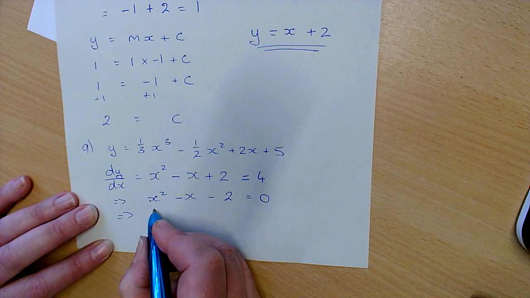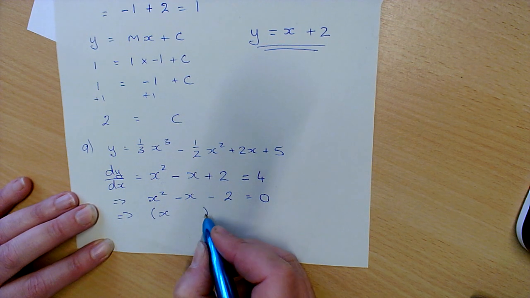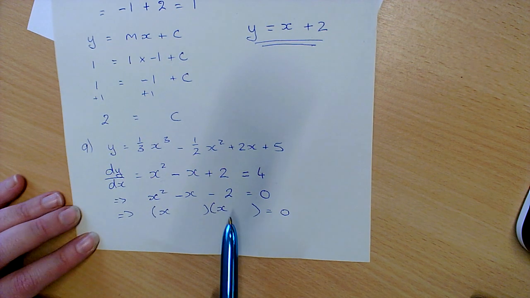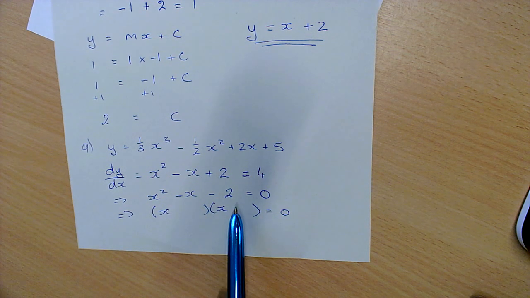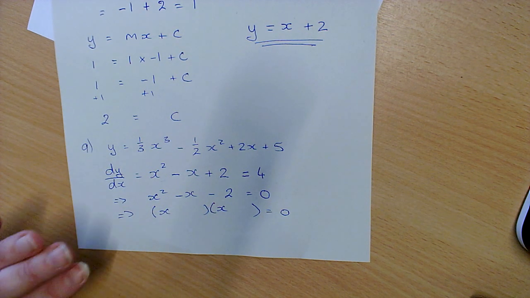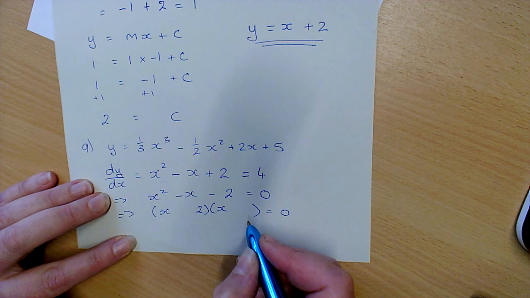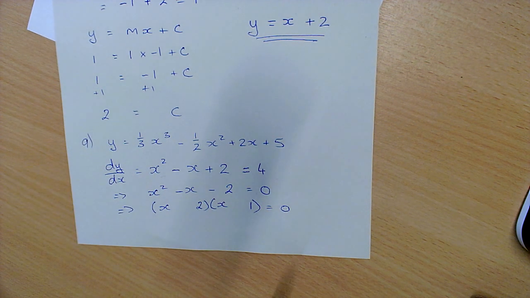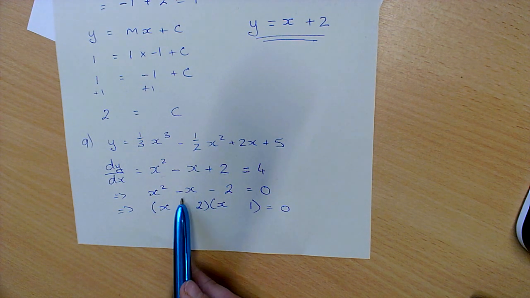To factorise that, I'm going to have an x at the start of the brackets. I'm looking for things at the end of the brackets. They're going to give me 2. Well, 2 is a prime number, so it's going to be 2 and 1. It doesn't actually matter where they go because both of these were x. And it was negative 2, so one of these brackets has to be positive and one of them has to be negative. But I want a middle term of negative x.